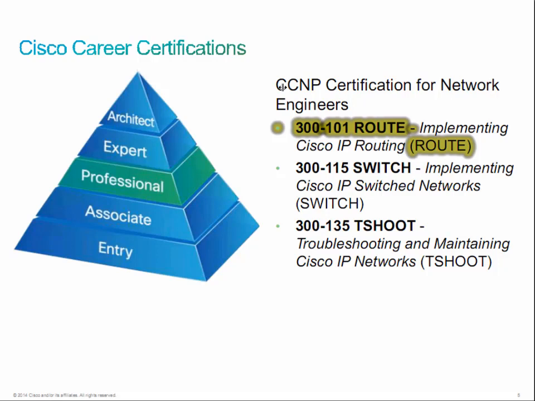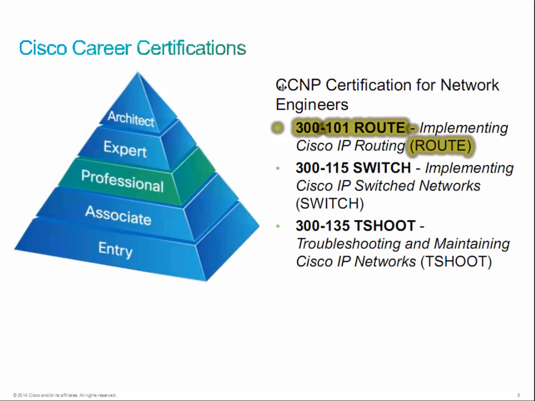Keep in mind, guys, if you do decide to go ahead and take this exam, any existing certifications that you might have at the associate level or at the professional level, assuming you take and pass this exam, will be renewed for another 3 years.